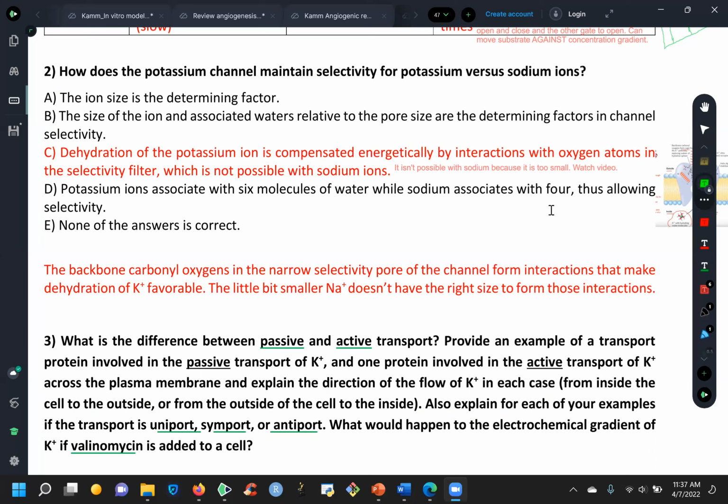The purpose of that is because when the potassium starts getting closer, the slight negative charge on the oxygen is going to stabilize this potassium. So it's going to have the same effect as the hydrated potassium. And so the little water molecules will fall off.